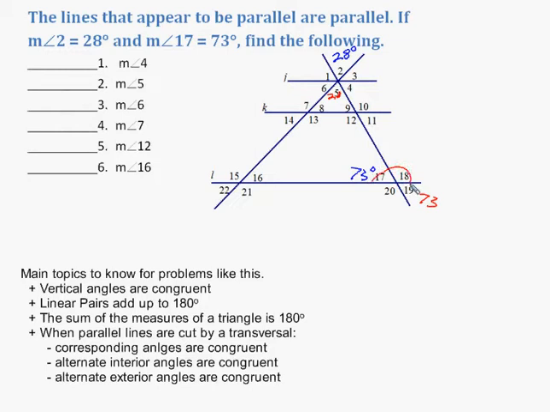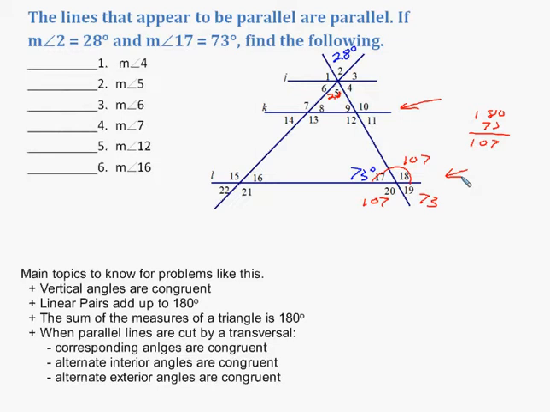Because of the linear pair, those two have to add up to 180. So 180 minus 73 ends up being 107. So this is 107, and this is 107. Looking at this group of four here, 9, 10, 12, and 11, we can compare them to 17, 18, 19, and 20 because they're parallel lines cut by a transversal.